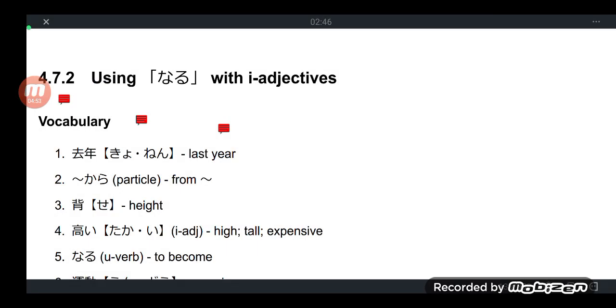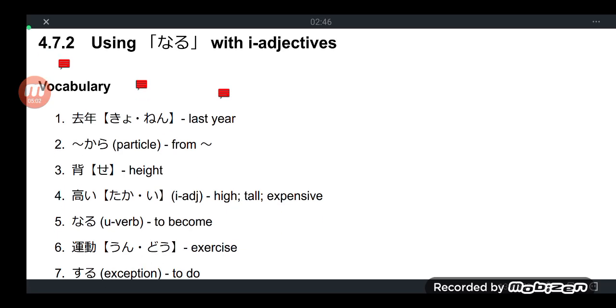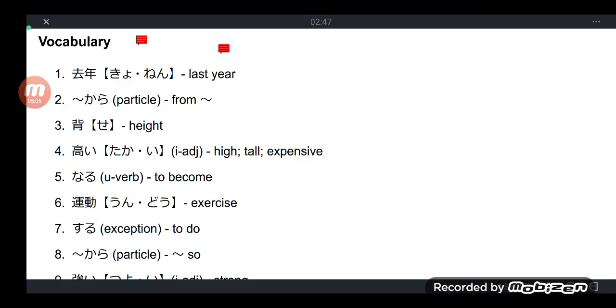Okay, so we have some vocabulary here, minasan, and I want you to take note of this vocabulary. You can also make screenshots of this vocabulary, so that we could save time. And as you can see here, minasan, the kara particle could mean from and could also mean because, or due to, or since, not just from.